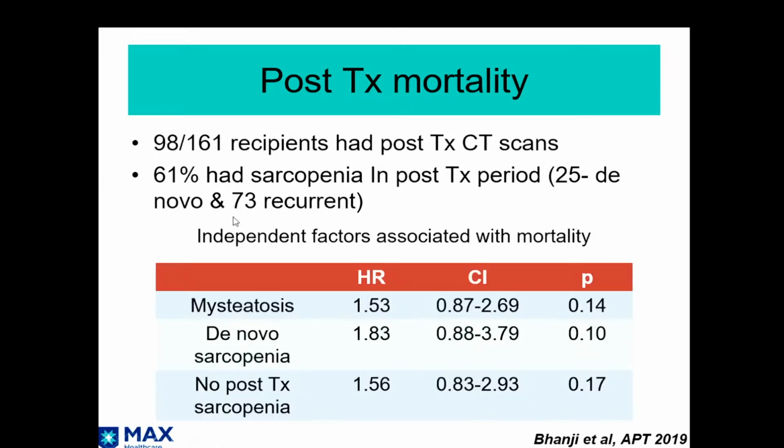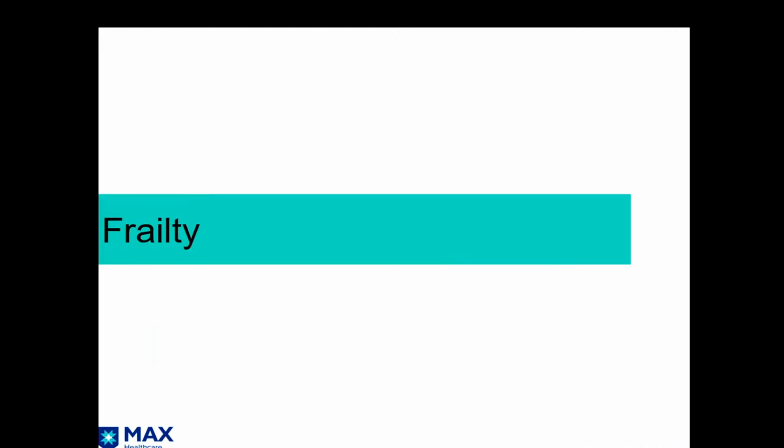When they looked at independent factors associated with mortality, neither myosteatosis nor new development of sarcopenia nor presence or absence of sarcopenia in the post-op period had any impact on mortality. So it did not matter whether, even in the post-op period, the patient was developing sarcopenia or myosteatosis.